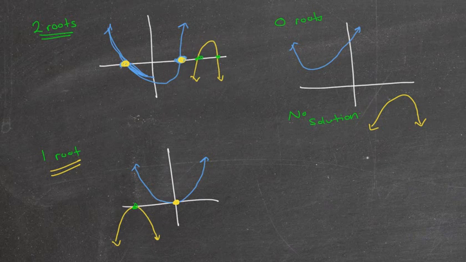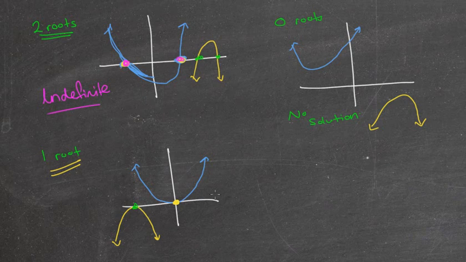These graphs have different names which we want to look at. The first one, where it has two roots, is what we call an indefinite function, which means it sometimes gives a positive or a negative, and it cuts the x-axis in two different places.